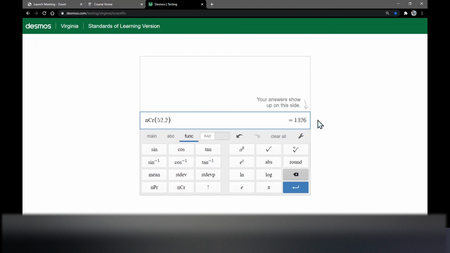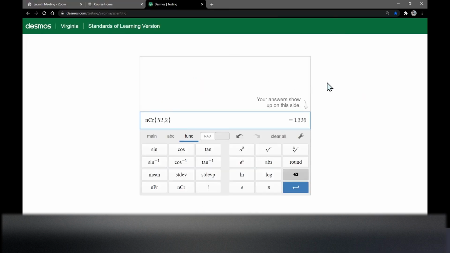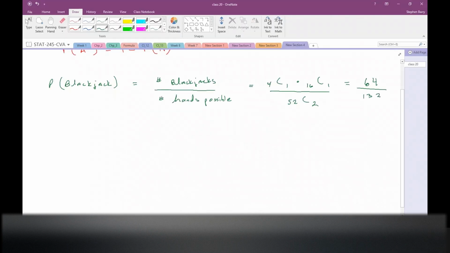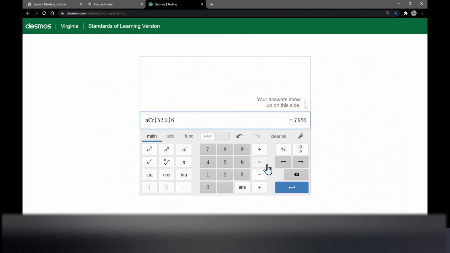So there's 1326 possible hands. So 4.8%.